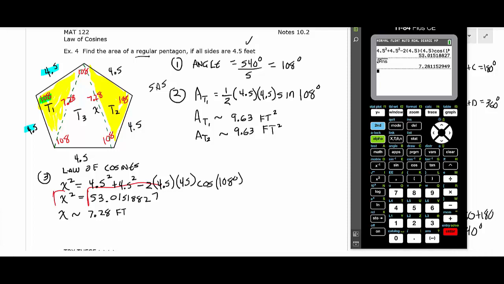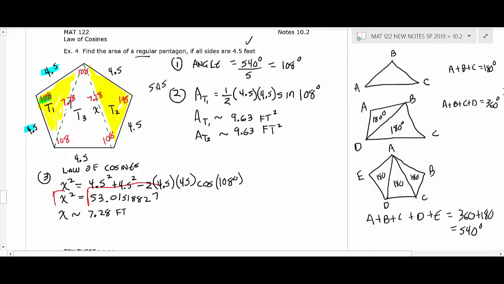Now what we need to do is, if we're going to find the area of this triangle, we can use Heron's formula to finish this up. We know all the sides. The sides basically are 7.28, 7.28, and 4.5. If you look at the triangle, we have what we would call an isosceles triangle, and we could use Heron's formula to figure this out.